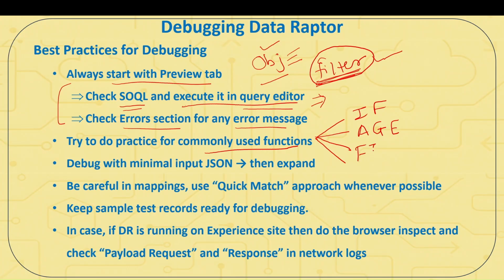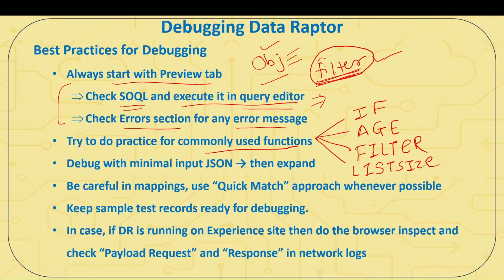Filter is a function we commonly use along with if, and to find the count of records we need to use list size. Likewise, there are a few more functions. At this moment I am giving you an example. We need to have good practice on these functions. We should be aware how these functions work, their syntax, and how they receive the input parameters.